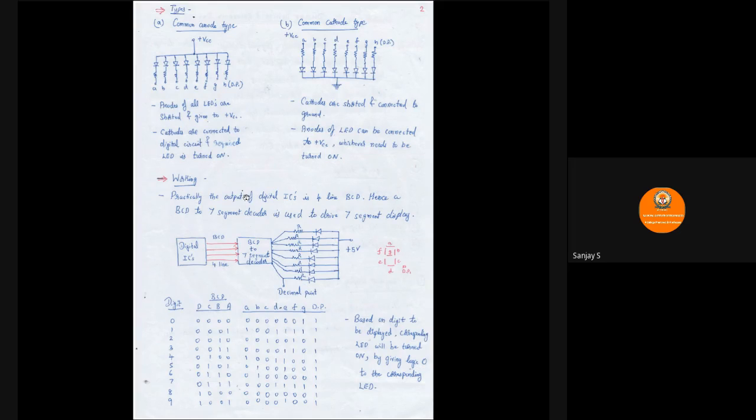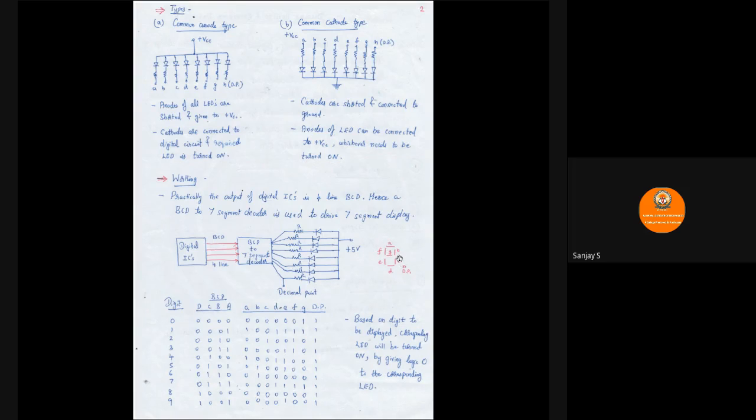Then coming to the actual working, the output of the digital circuits will be BCD, binary coded decimal, and then we have a BCD to 7 segment decoder circuit, and we can see all the LEDs here, and it is working in common anode configuration. It's connected to plus 5 volts, which is acting as VCC, and this represents the display unit.